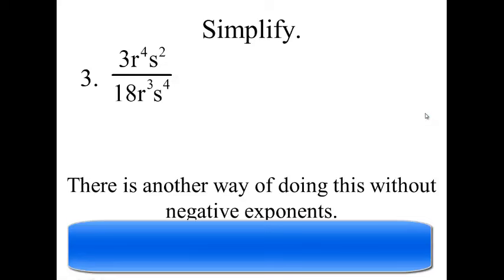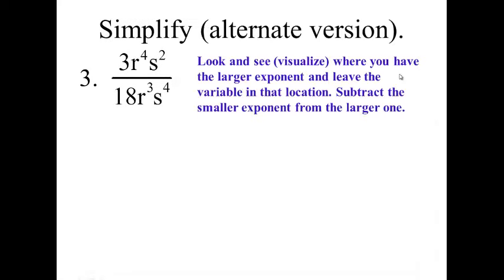So let's solve the same question, but we are going to use the alternate method of solving the problem. So first, we just need to look and see where we have the larger exponent and leave the variable in that location, and then subtract the smaller exponent from the larger one.